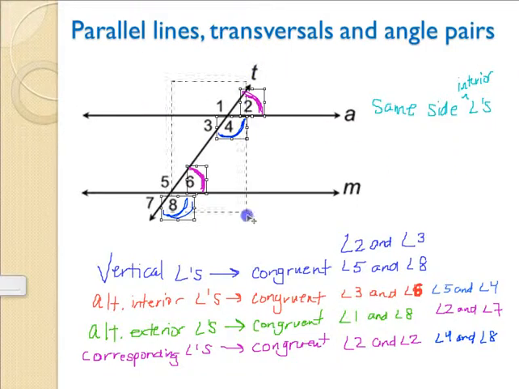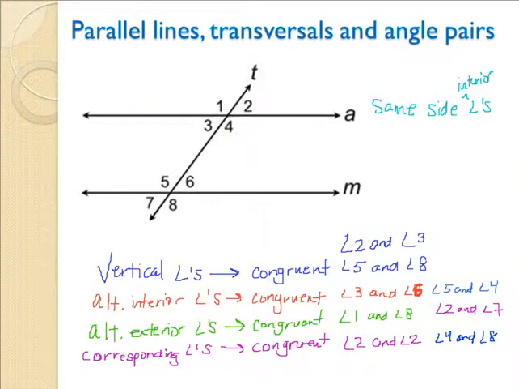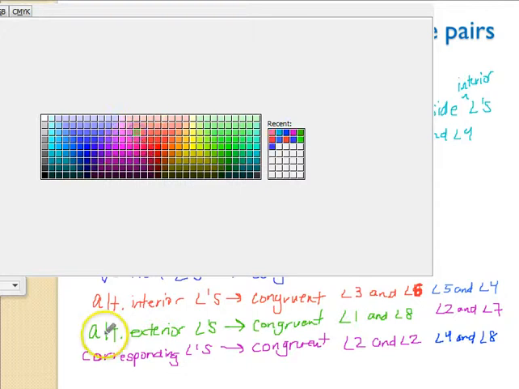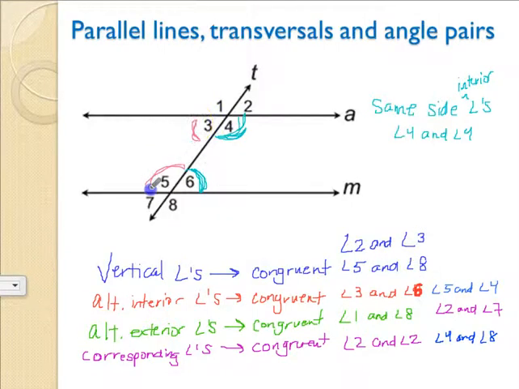Let's go ahead and get rid of the angle pairs we have. Same side interior angles. There's only two pairs of these. Angle 4 and angle 6. They're both on the same side of the transversal, and they're both interior. So those would be a set of same side interior angles, 4 and 6. And then the other pair would be on the other side of that transversal, 3 and 5.